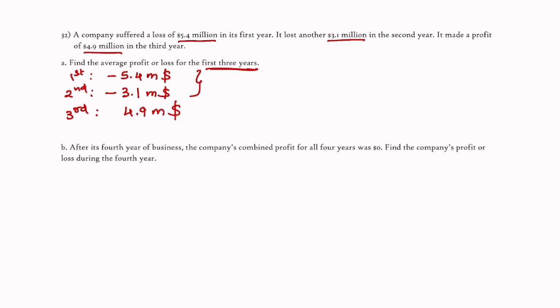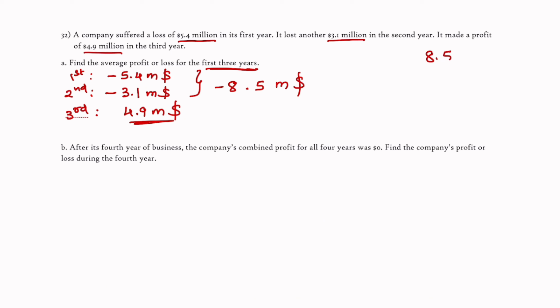So if we add these two, because they both are negative, they both are losses. 4 and 1 gives us 5, decimal place. 5 and 3 is 8. So the loss is $8.5 million. Huge amount. What happens in the third year? They're making the profit. So how do we manage that?